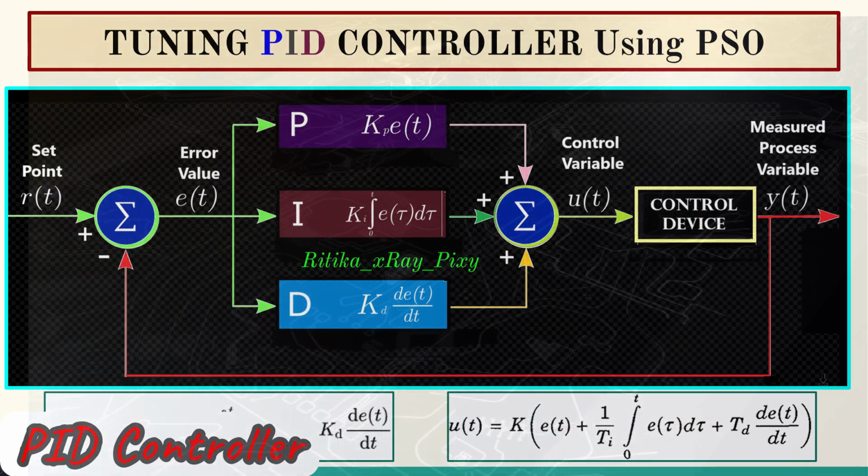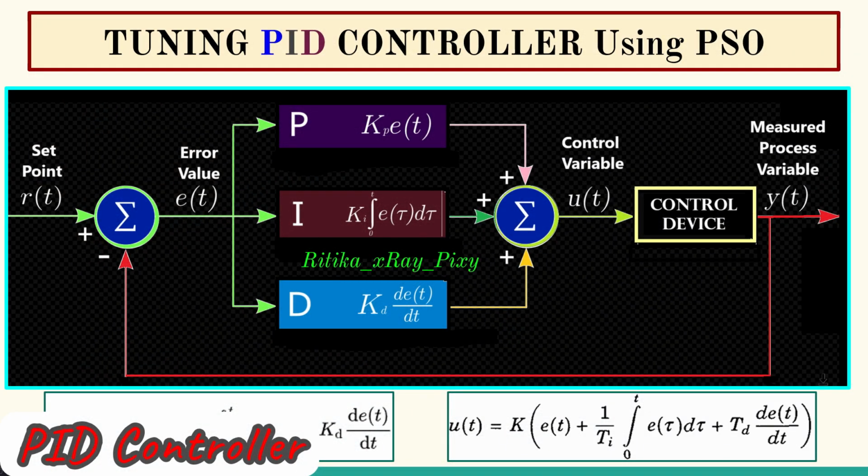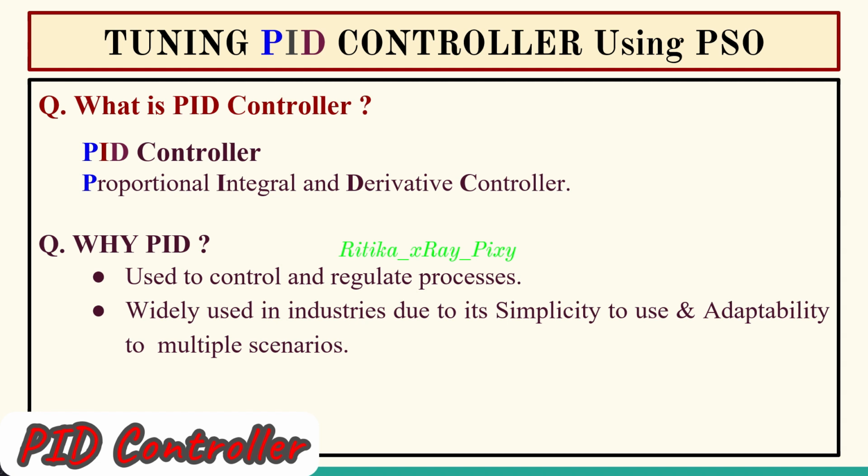For example, a thermostat controller is used to force a heating and cooling system to turn on or off at a fixed temperature. So in simple words, we can say a PID controller is a feedback control system that is widely used in engineering applications to regulate and stabilize dynamic processes.